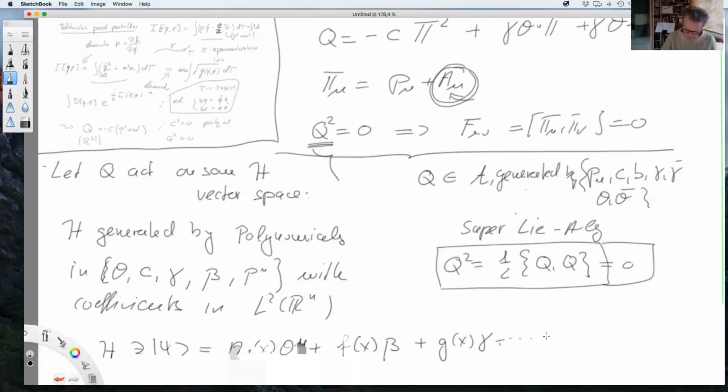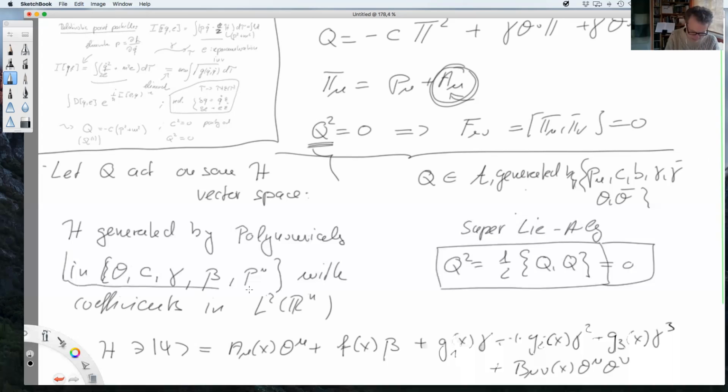But we could also have, let me write here maybe, g1 of x plus g2 of x gamma squared plus g3 of x gamma cubed. And also, in fact, you could take perhaps b_mu nu of x theta^mu theta^nu. So that's what I mean by this condition here.